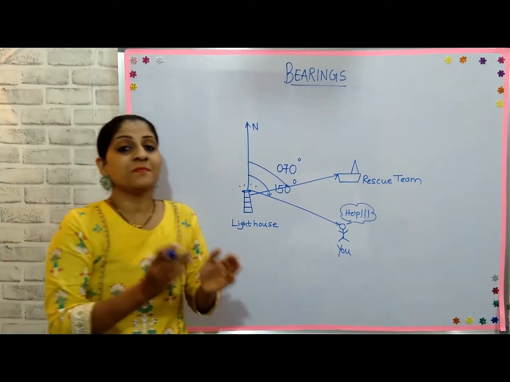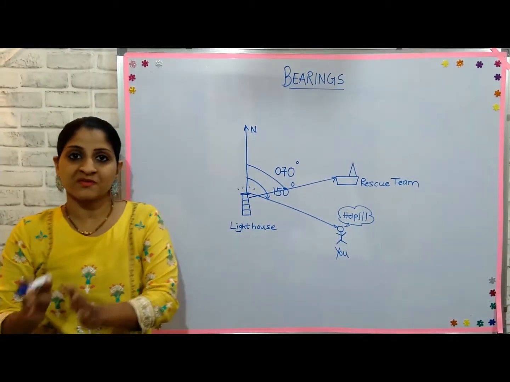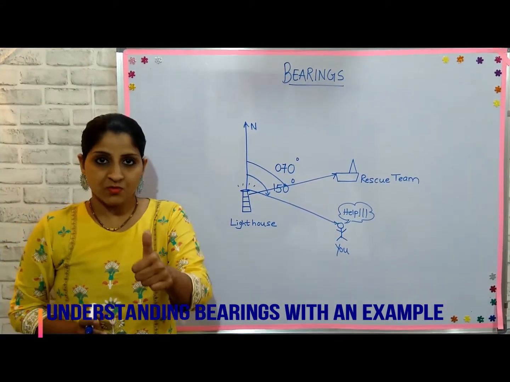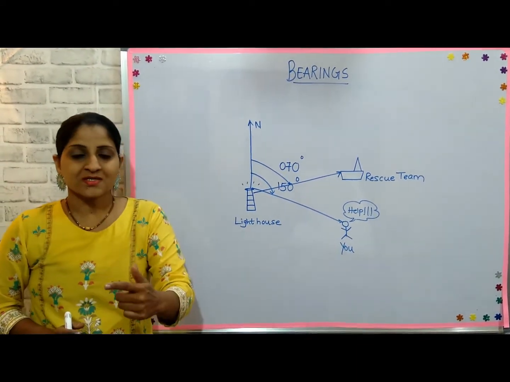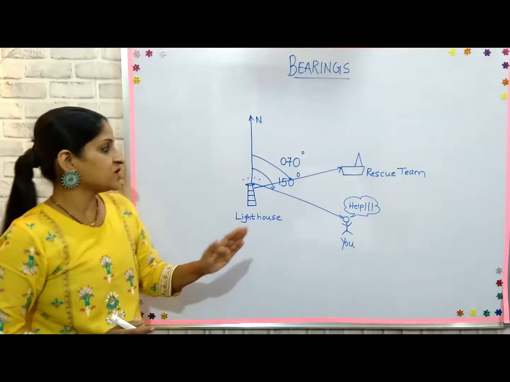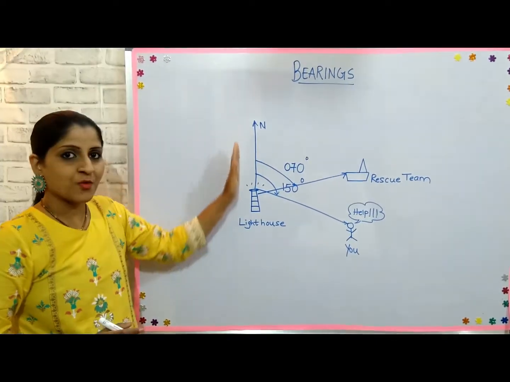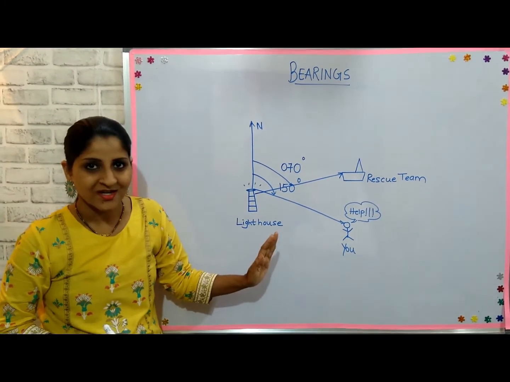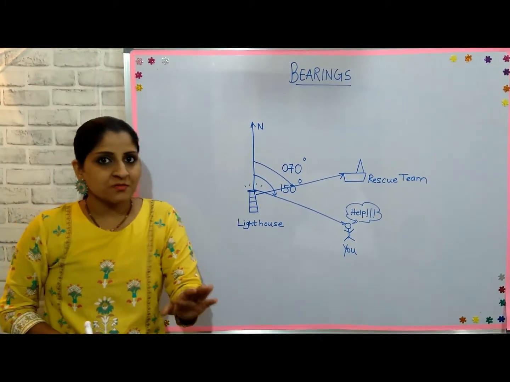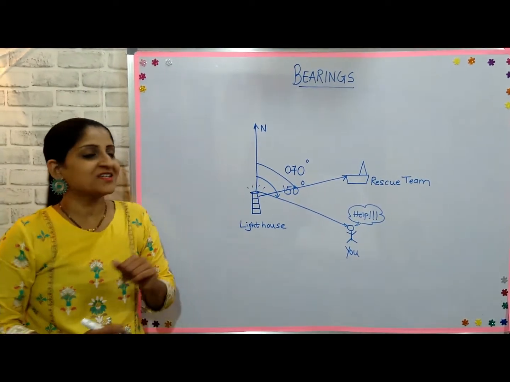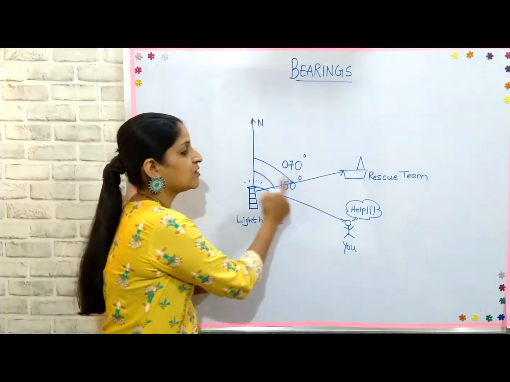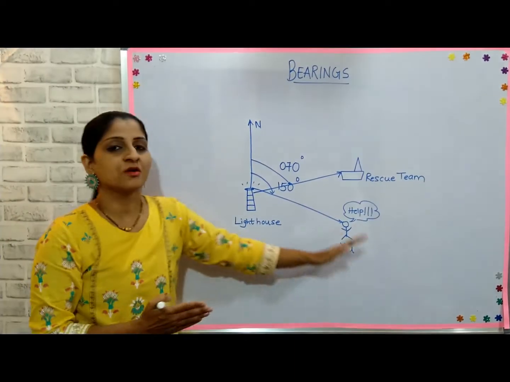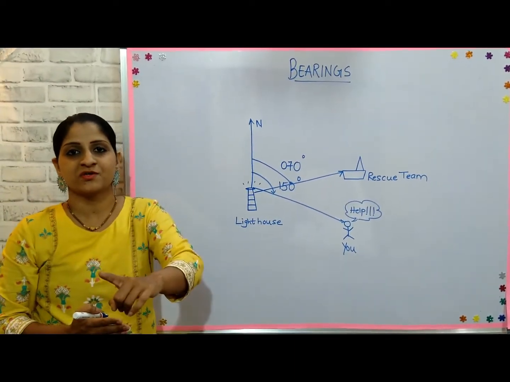Why? Because a bearing always has to be written as a 3-digit number. That is rule number 1. Rule number 2 is that the bearing is always measured from a fixed point, by drawing a perpendicular north on that fixed point. And the third most important point is that bearing is always measured in a clockwise direction. Always from a fixed point, in a clockwise direction, the bearing will be measured.